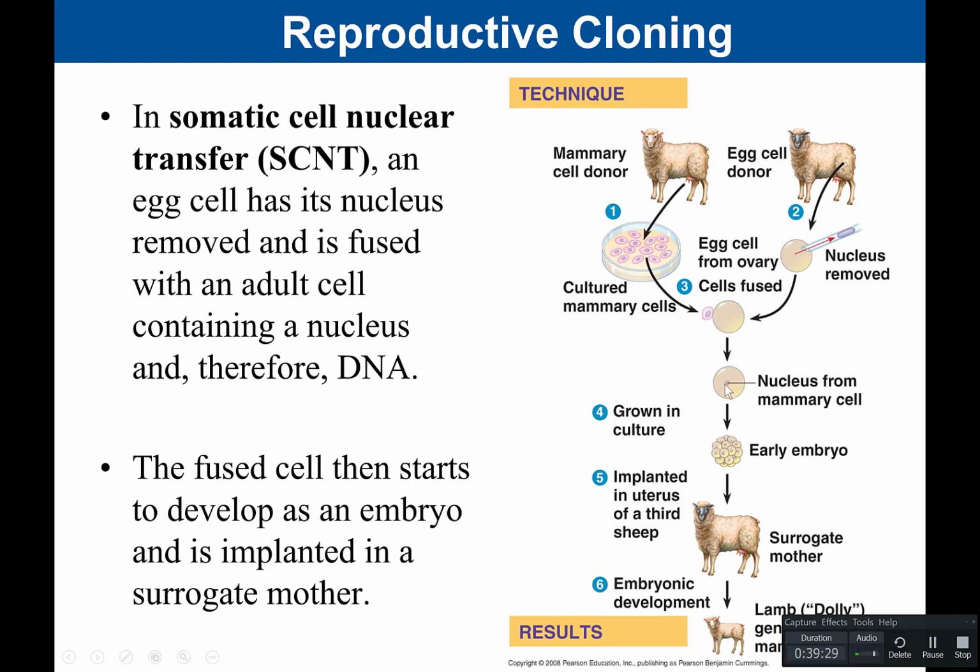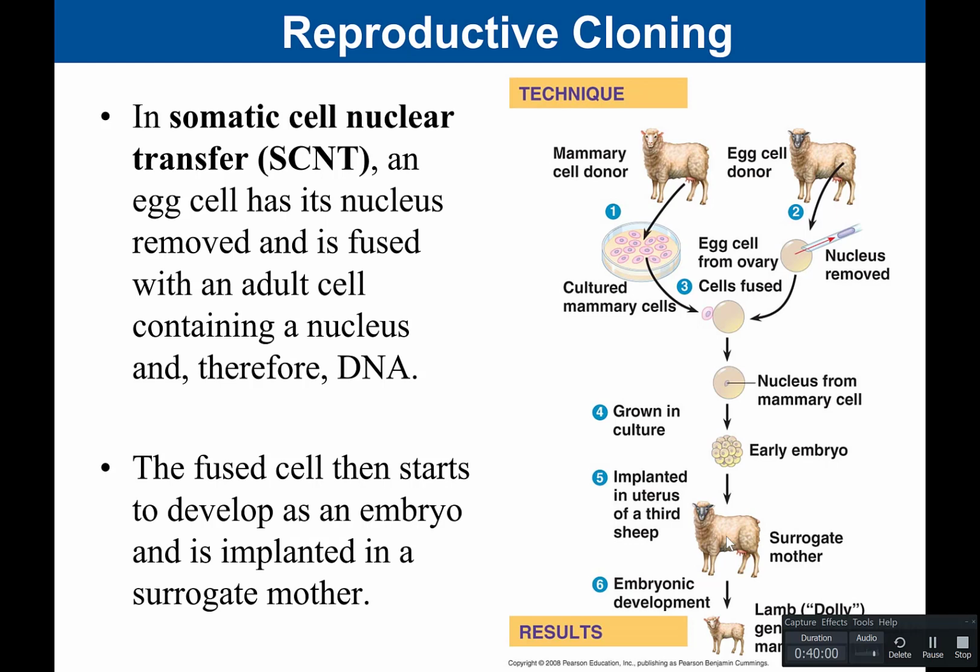And now the egg has the nucleus from the mammary cell. It gives rise to an early embryo that is then implanted into the uterus of a surrogate. So notice there are three sheep used in this technique. The surrogate mother is going to carry that embryo, and it's going to give rise to a lamb, and they called this lamb Dolly.